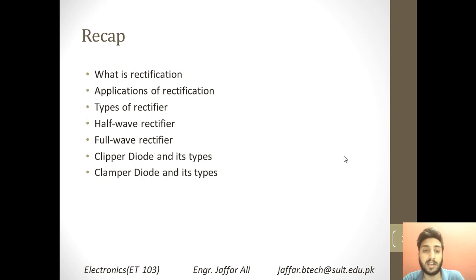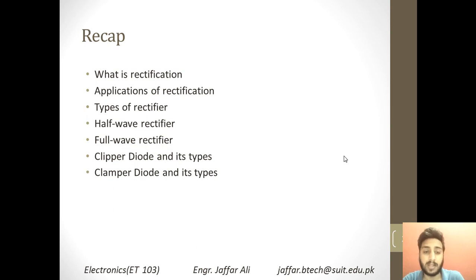Then we learned that there are two types of rectification. The first one is half wave and the second one is full wave, and we learned about both of these. After that we discussed the clipper diode and its types, that if you want to clip some portion or a complete part of positive or negative, how can we clip that away.